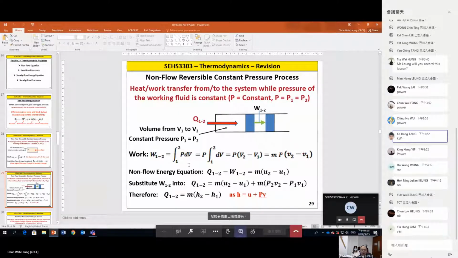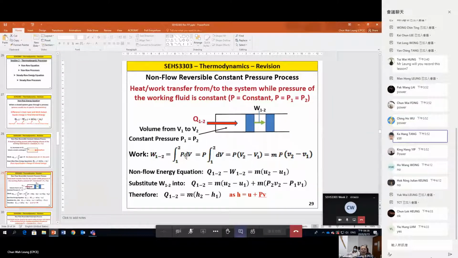But this time, no. Volume is changing. We have work. So therefore, we need to solve this integral of PdV, right, from 1 to 2. How to solve an integral of PdV?